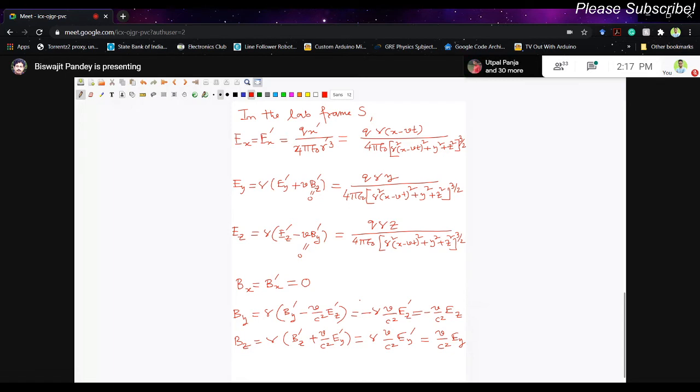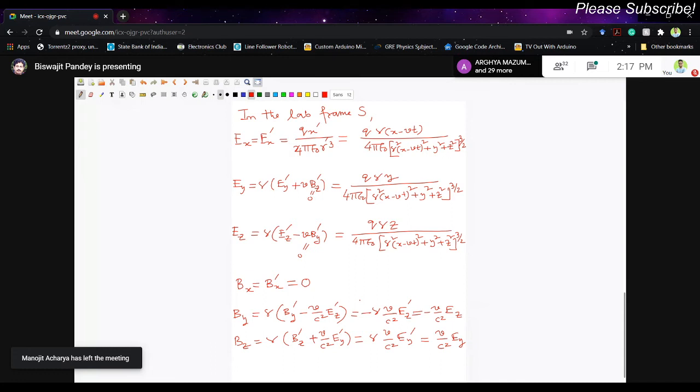Okay, fine, we can see that there is a non-zero magnetic field, that is easy to see, but what are the other important differences? When I see there is an electric field, is it the same electric field that was observed in the primed frame? Because in the primed frame the point charge is at rest and producing an electrostatic field.